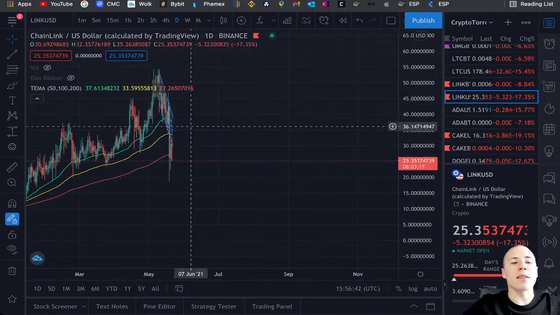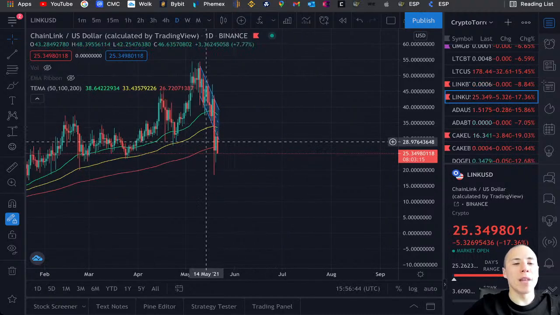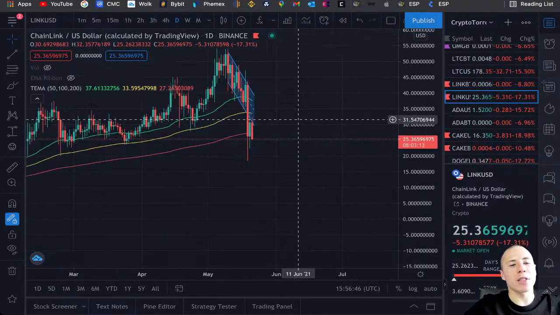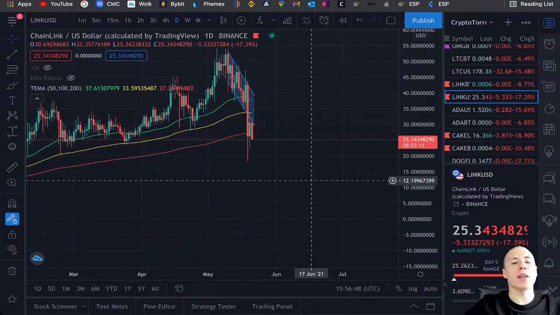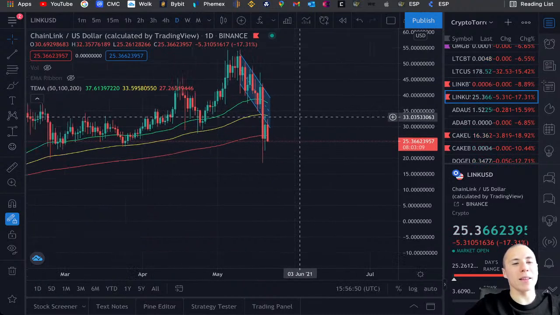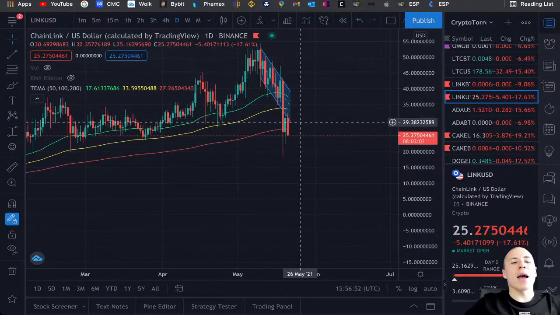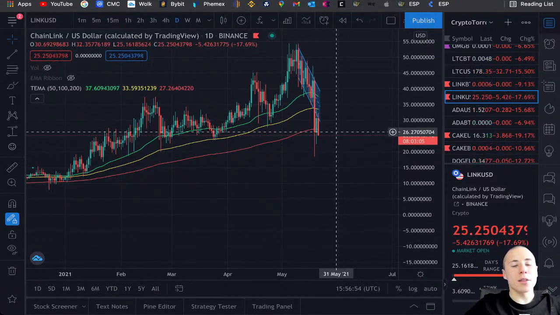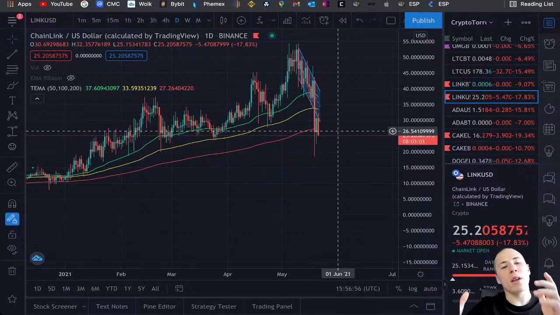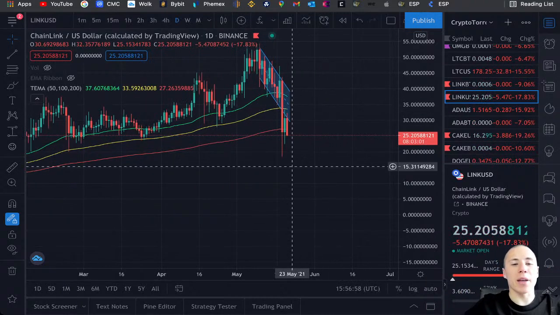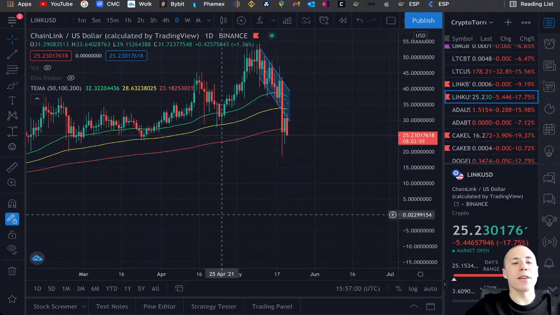But if we break even further down below the 200-day moving average, this would mean for me that we still are in a downtrend, and I'm not very happy if this happens on the Chainlink chart.